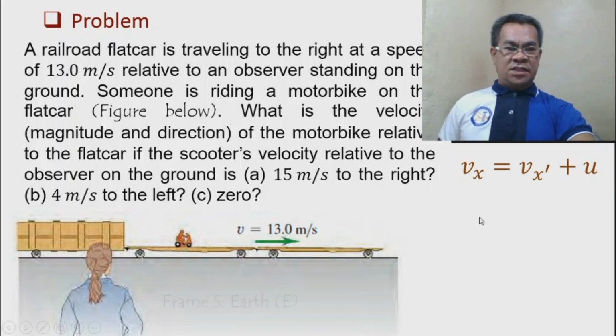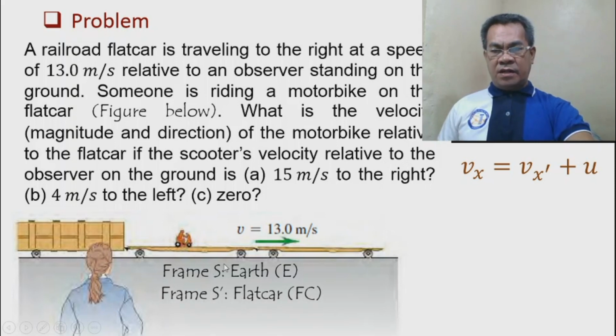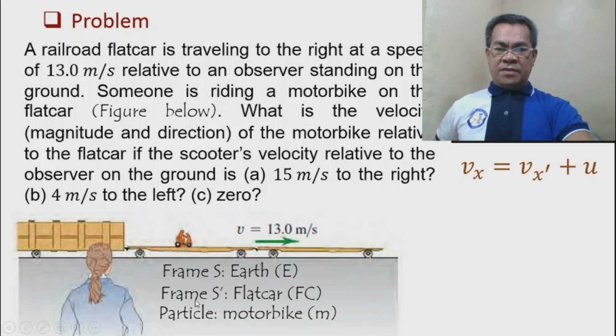Let us assume that frame S is Earth, so call this E, and this person is standing on frame S. Then in S prime we have the flat car, which we call FC. The target particle is the motorbike, which we call M, for the particle.